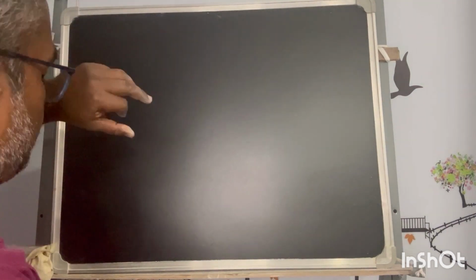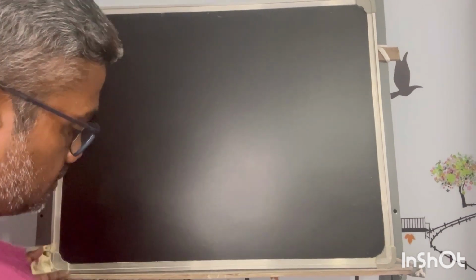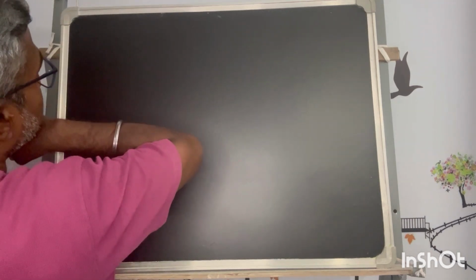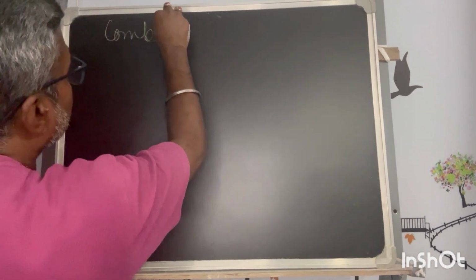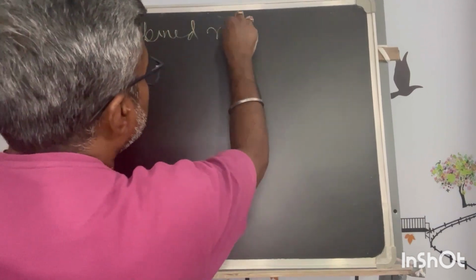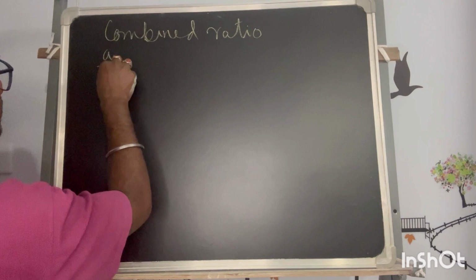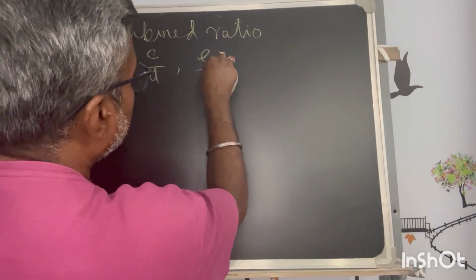knowledge, or the formula, that is, what is combined ratio. Let's say there are three ratios, a by b, c by d, and e by f.